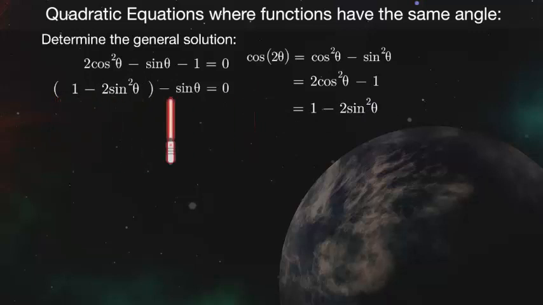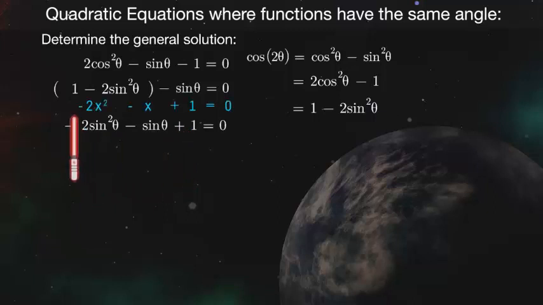Now, can you see that now we only have a sine function in this quadratic equation? This is very important. So now I can multiply in the 1 using the distributive law, and we end up with minus 2 sine squared theta minus sine theta plus 1 equals 0. I already rearranged them, and doesn't this remind you of a little bit of algebra?